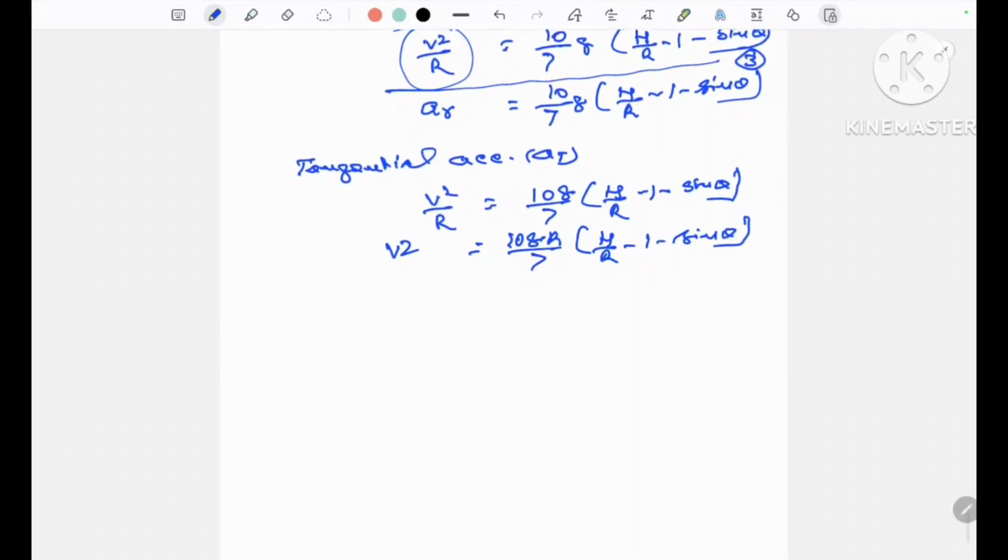Differentiate with respect to t. डिफरेंशिएशन करेंगे, 2v dv by dt will be 10gr by 7, h by r is constant, तो इसका डिफरेंशिएशन 0, 1 is constant, इसका डिफरेंशिएशन 0, and sin theta का डिफरेंशिएशन is cos theta into theta का जब डिफरेंशिएशन करेंगे with respect to t, d theta by dt.